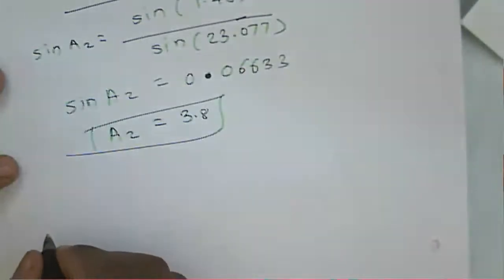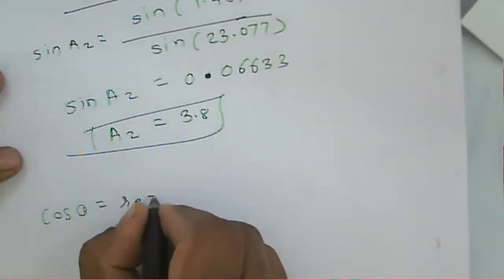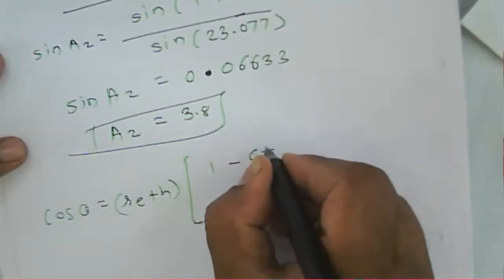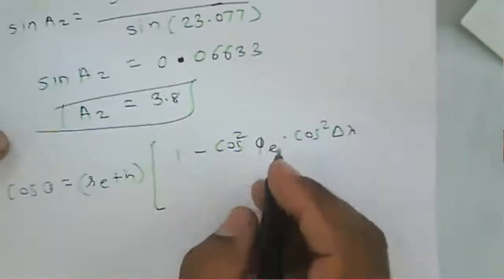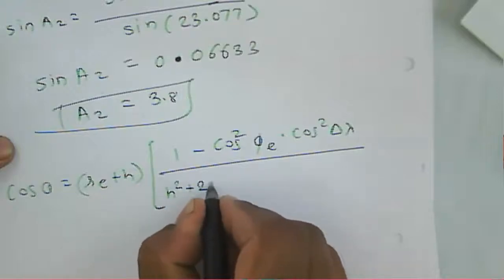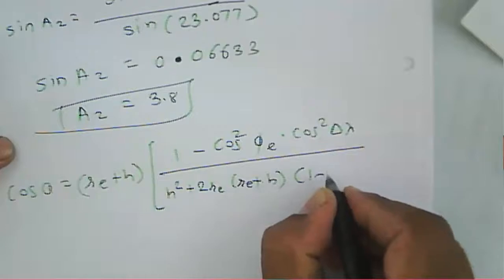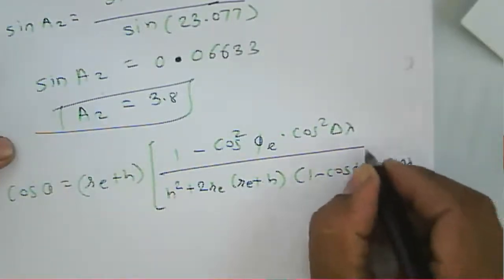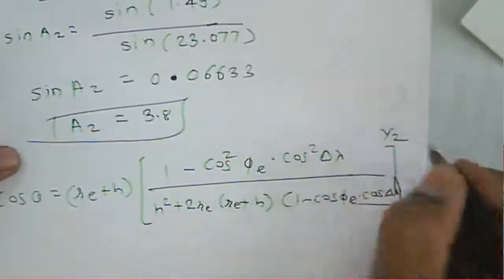To find the elevation, cos of theta is equal to Re plus H times (1 minus cos square phi e cos square delta lambda) over (Re square plus H square plus 2 Re (Re plus H)(1 minus cos of phi e cos of delta lambda)), bracket raised to 1 by 2.